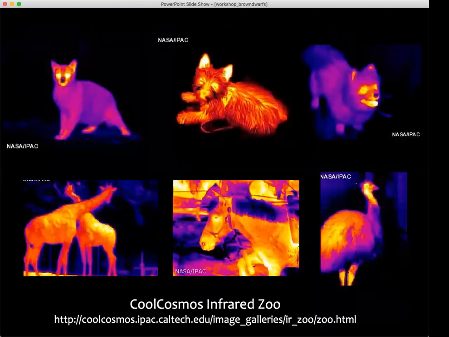Here's a couple pictures of animals in the infrared, right? So baby fur does not allow heat to come out very well. It's all coming out through the eyes and the regions where you have gas in the fur. Dogs cool off through their ears, and you can see that in the infrared, right? That's where all the heat's coming out. What else is cool? There's another dog that's getting its heat out through its mouth and its eyes.